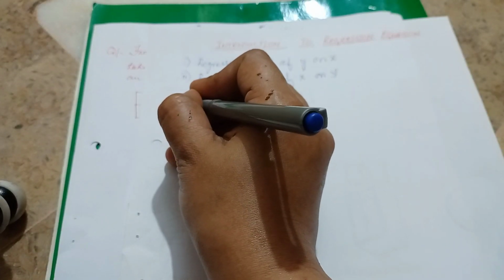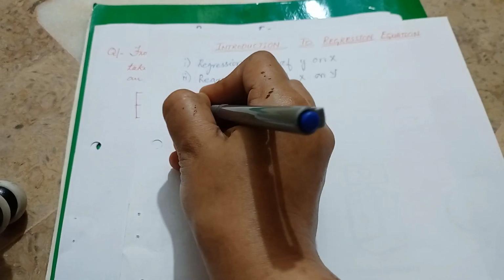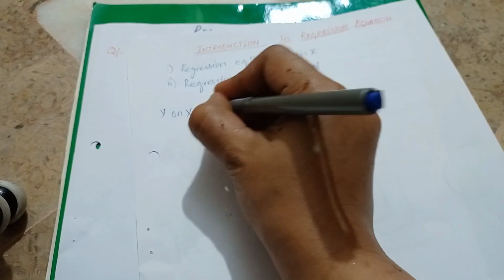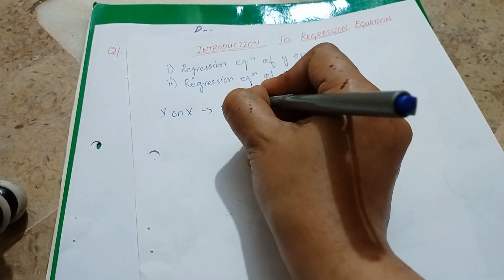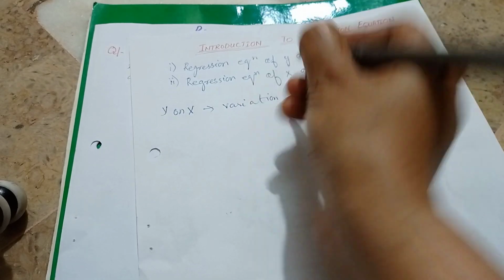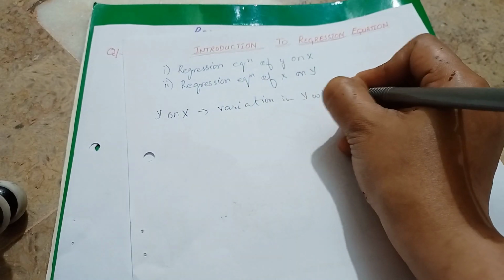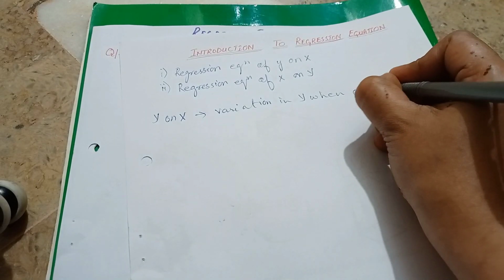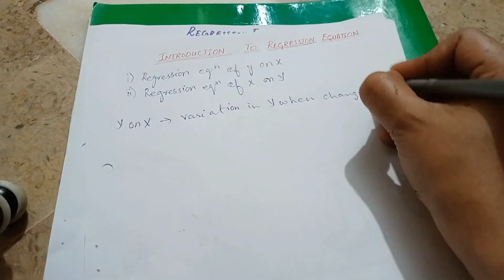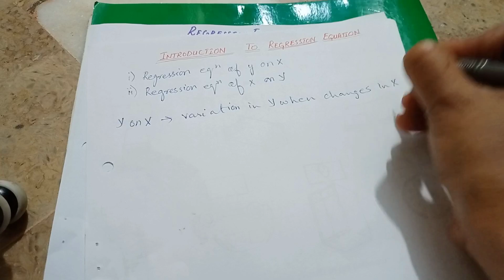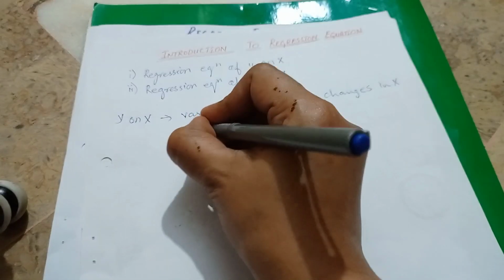Y on x is the variation in y when changes in x is given.